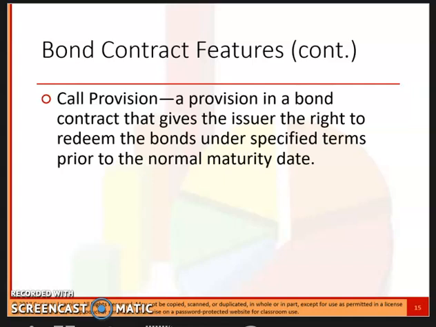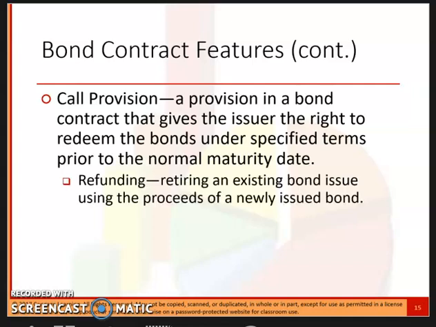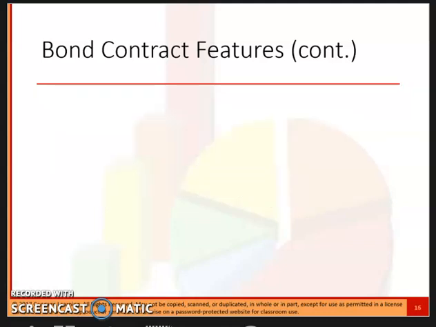You have homework problems where there is a call premium, which is compensation to the holder for purchasing that bond with the call provision. Refunding is retiring an existing bond using proceeds of a newly issued bond. For the most part, this is done when interest rates fall. Sometimes it's done for restructuring.